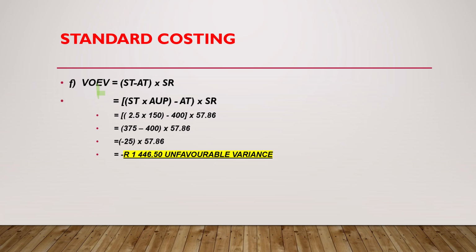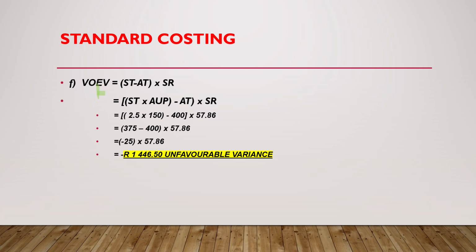Okay, so when you do efficiency again here, remember we extended the formula when we did material quantity variance. We also extended the formula when we did labor efficiency variance. We also here extend the formula when we're doing a variable overhead efficiency variance.